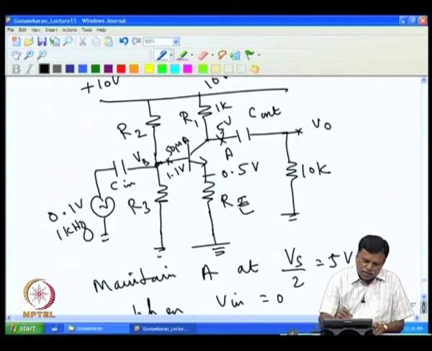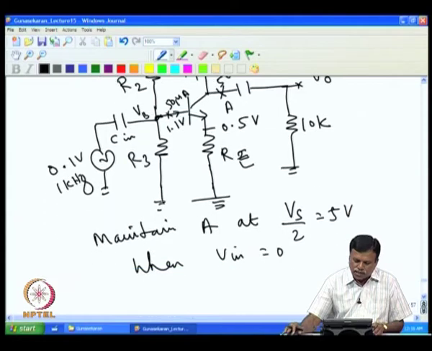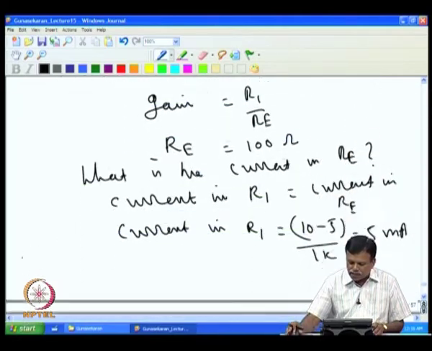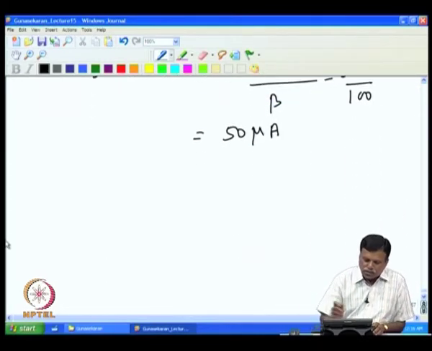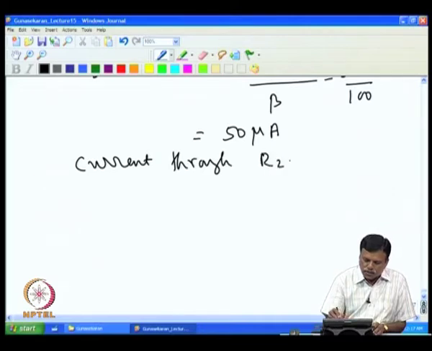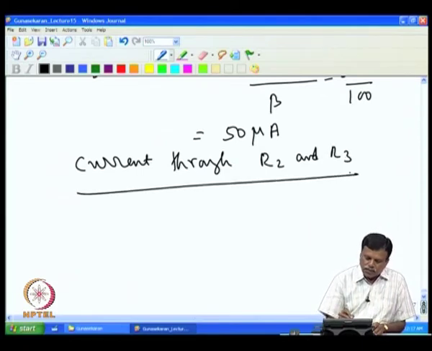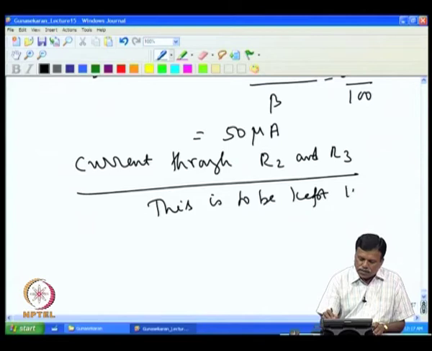This current should be smaller compared to the bias current, so I keep the current through R2 and R3 at 500 microampere. The current through R2 and R3 is to be kept 10 times more than the base current.